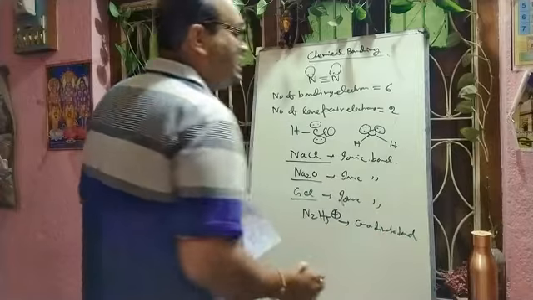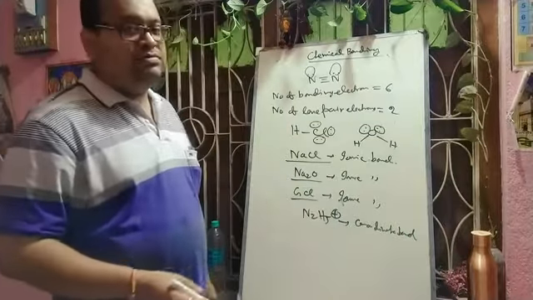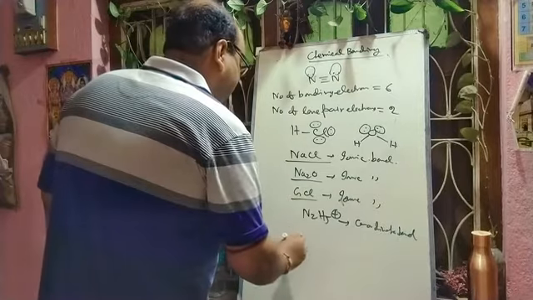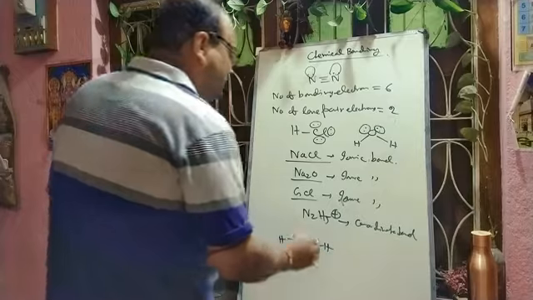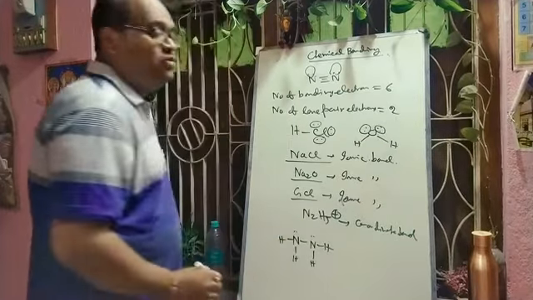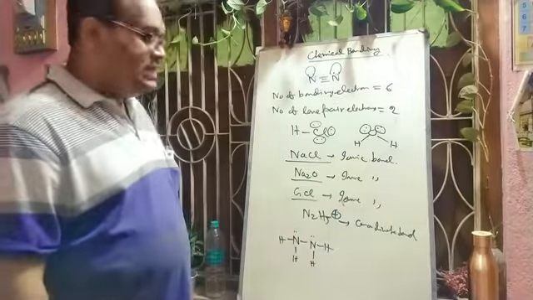This question is taken from your school exercise. Now here you have to know the structure. If we draw the structure, this molecule is called hydrazine, and it is a base. Here each nitrogen contains 1 lone pair, a total of 2 lone pairs of electrons present in this molecule.